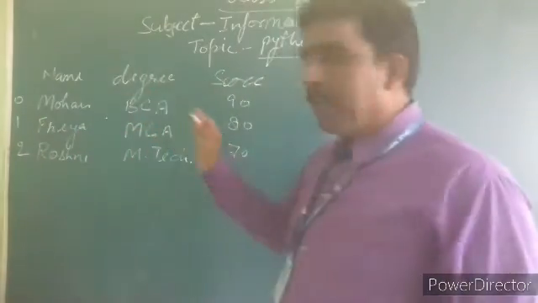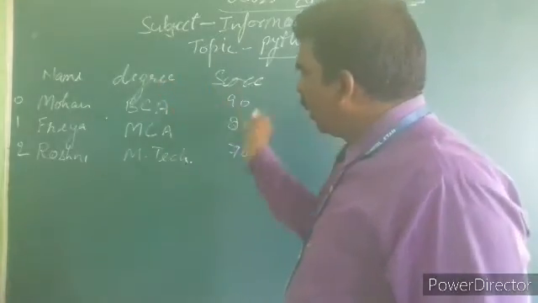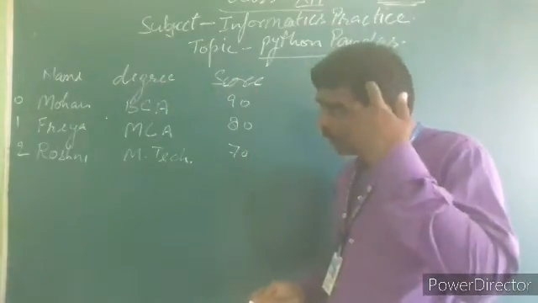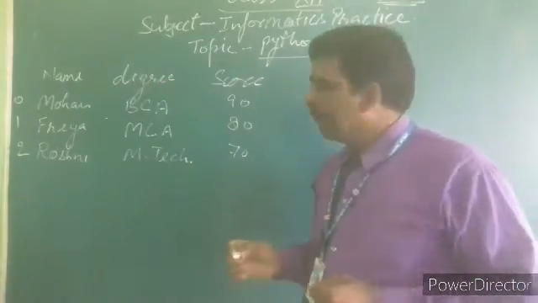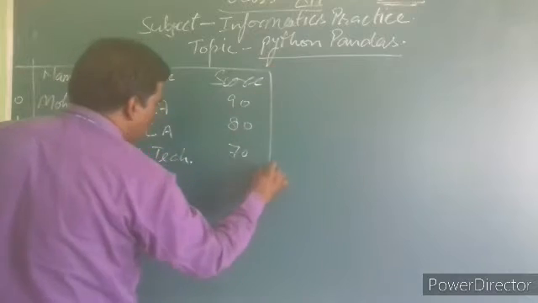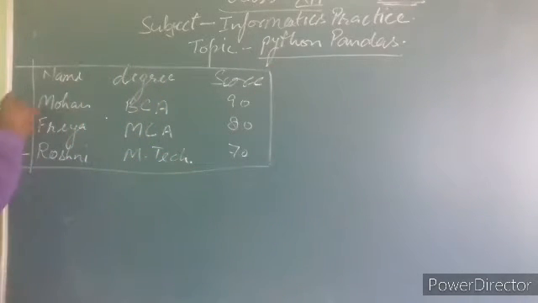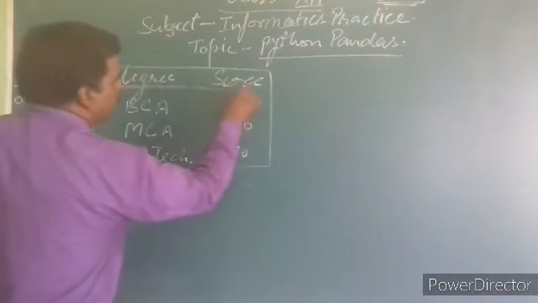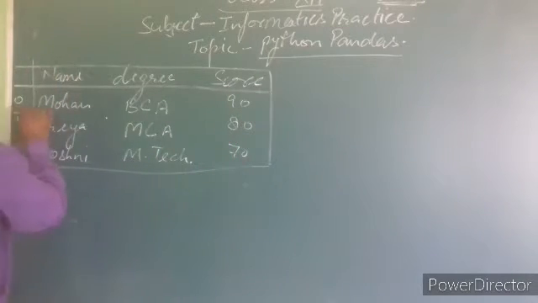So you can see here that in this output there is a similarity. If we are making it in the form of rows, it will be framed like this.